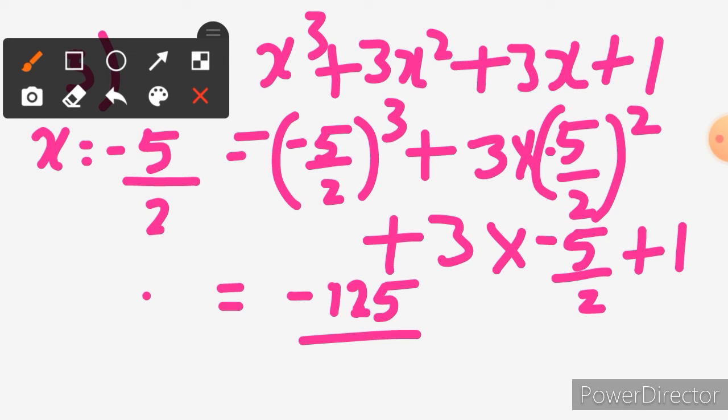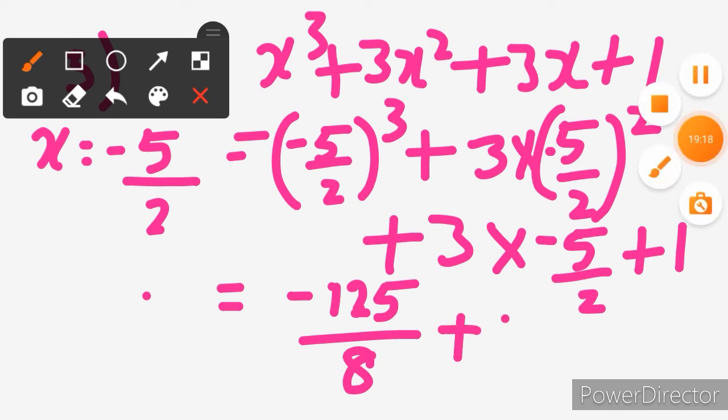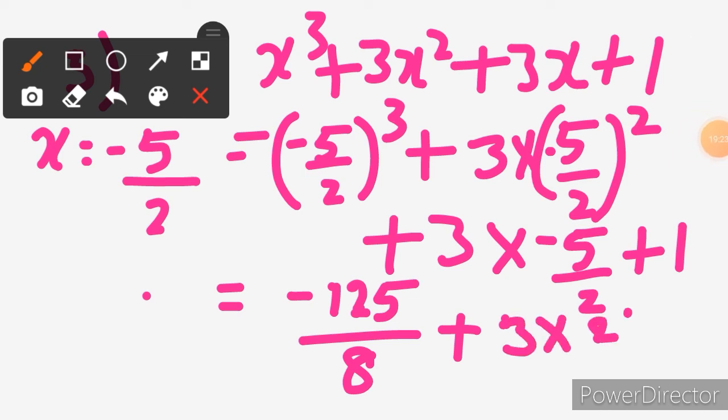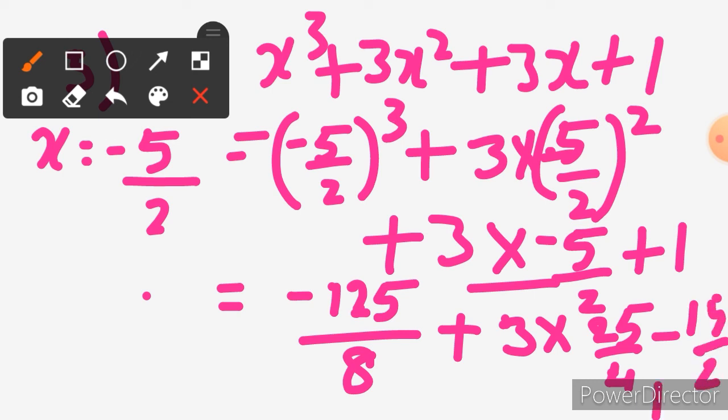That is why I am taking negative 125 divided by 2 cube, which is 8, plus 3 into 5 square, that is 25, because the even power is there, so the negative number multiplied twice gives a positive number. So 25 by 4, because 2 2s are 4. Then sorry, it is not plus here, we have minus 5 by 2 in the third term, so we will get minus 15 by 2 plus 1.